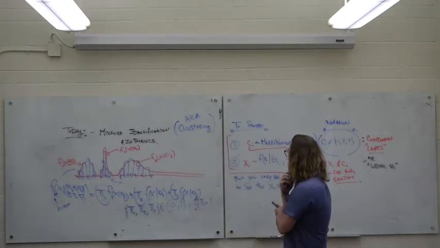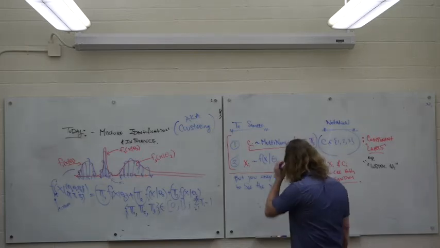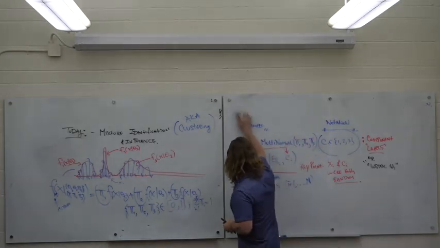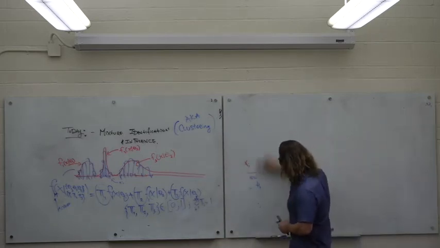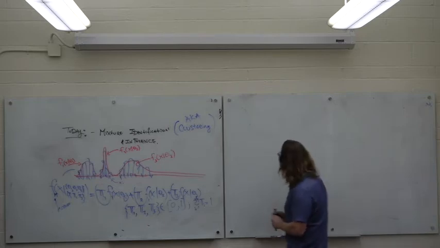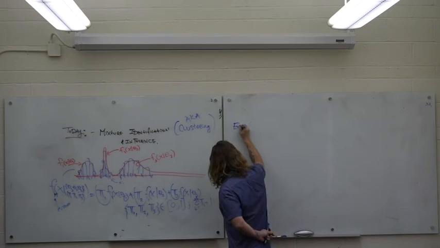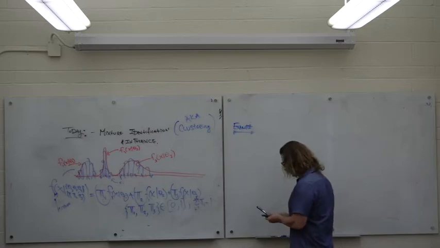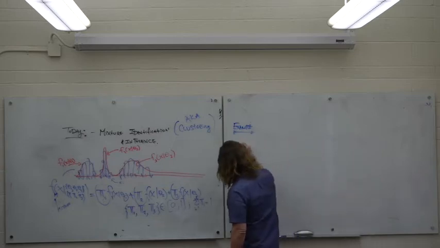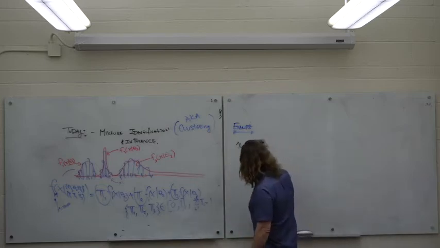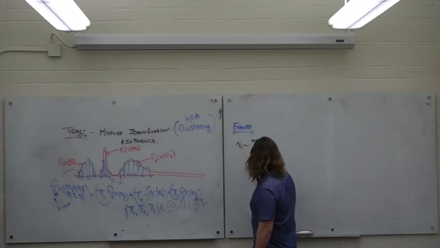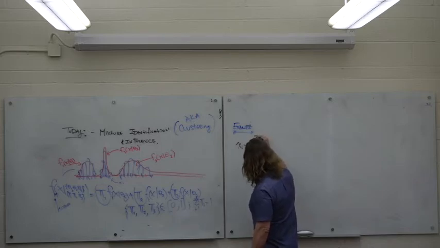Okay. So let me give you a concrete example. Let's say xi is going to come from this distribution. So I'll say C goes from 1 to 3.